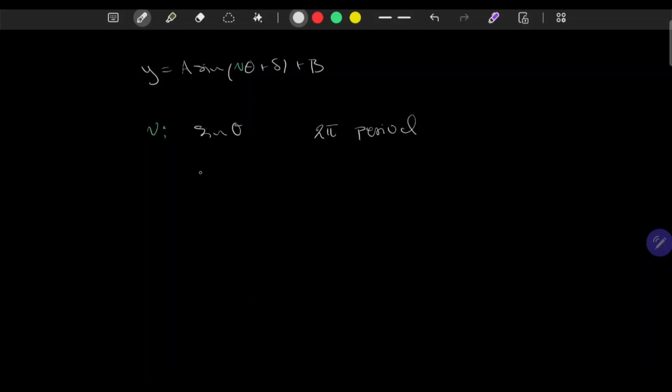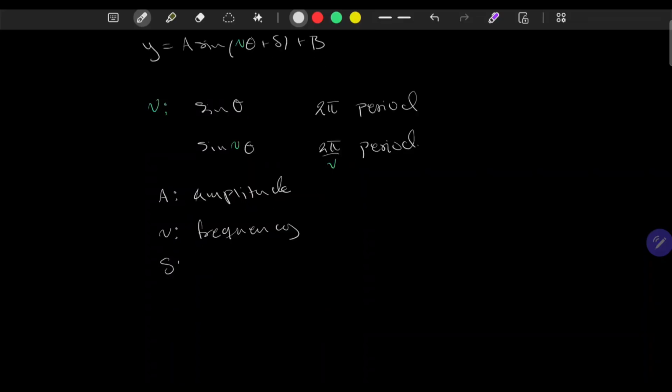For sine of nu times theta, we have a period of 2 pi divided by nu. And let's just say the names of these constants. a is the amplitude, nu is the frequency, delta is called the phase, and b is just called the constant.